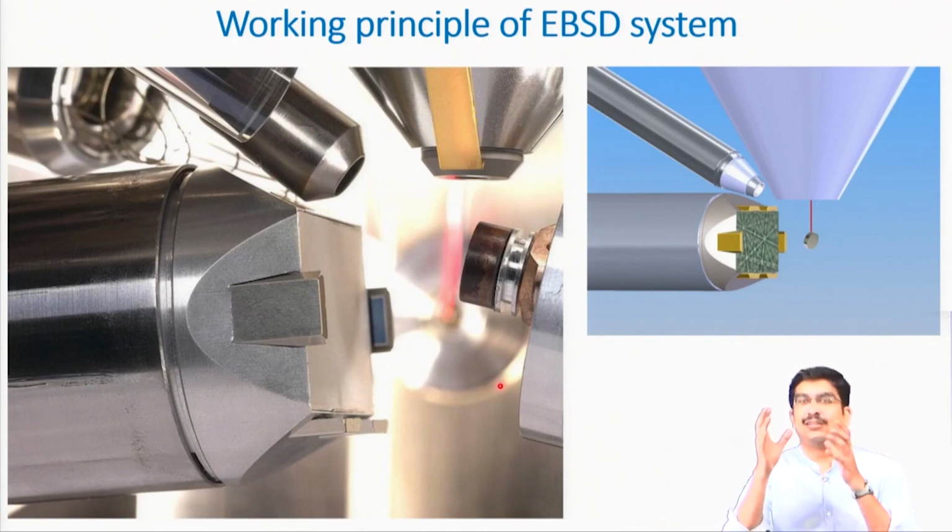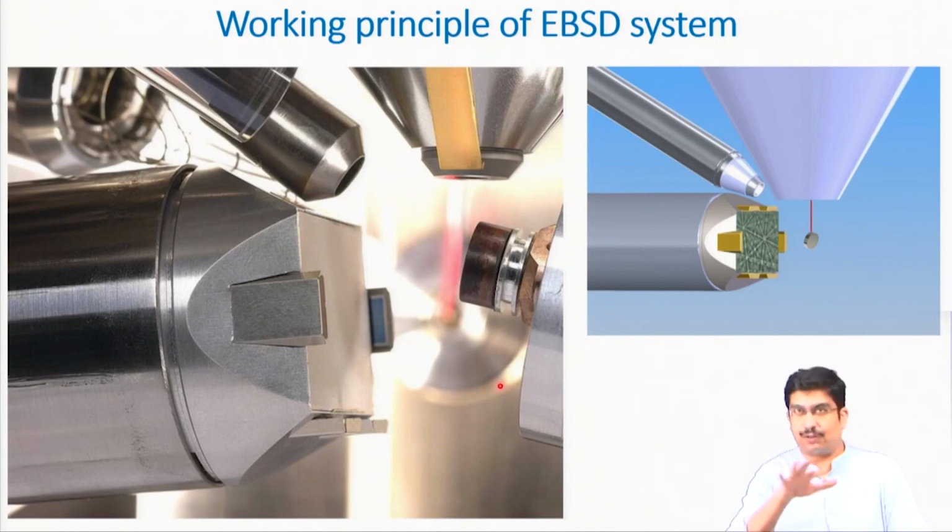The interaction volume remains the same, but the distance between the specimen surface and the interaction volume, from where the backscattered electrons are generated, decreases. That means those backscattered electrons, which are of low energy of course, can very easily come out from the surface, and that is why the EBSD technique is also very surface sensitive.